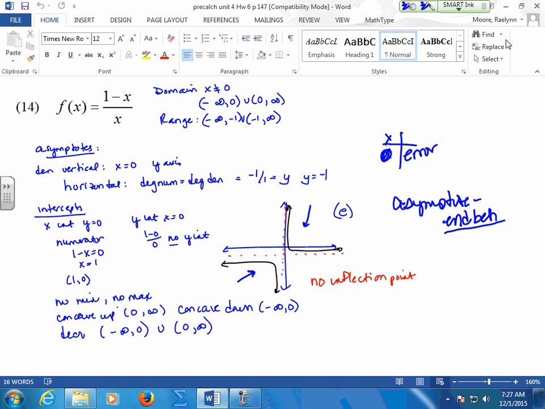Now, because this is rational and you have a denominator in here, what guides your end behaviors are your asymptotes. They'll get closer and closer to this line, but never touch it. You can even look in your table and see it. It'll never hit -1. It kind of guides the way for this.